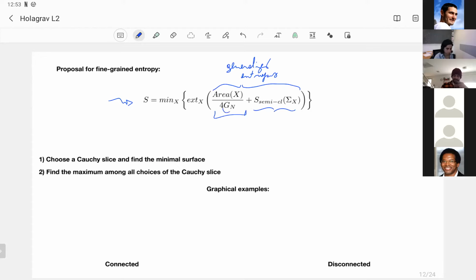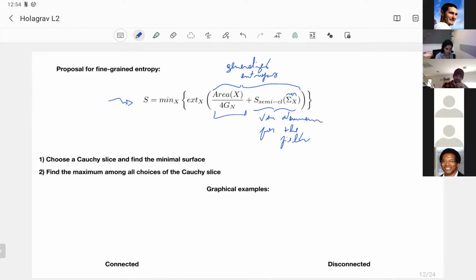Note that there is 1/G Newton here and G Newton to the 0 in the second part, plus a correction that comes from quantum fields, all the fields you have, living on this surface. This is the von Neumann entropy for the quantum fields.